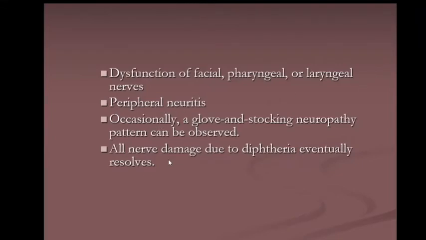And sometimes there can be peripheral neuritis or peripheral neuropathy that can present in a glove and stocking distribution. So the glove and stocking distribution pattern can be observed. And the neuropathy eventually resolves.